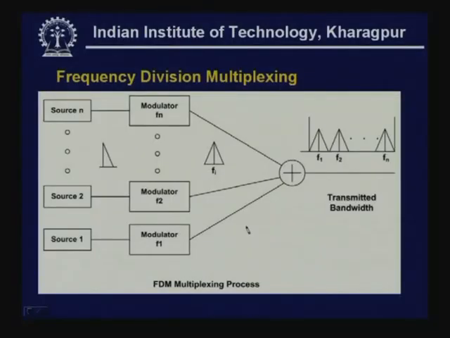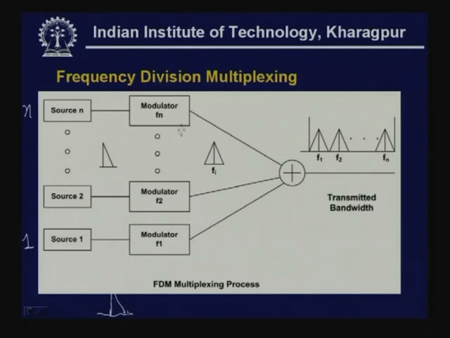So, the basic frequency division multiplexing operation is explained in this diagram. Here you have source 1, source 2 and so on up to source n. Now, the frequency band of each of the signals is shown here, so it is like this in the frequency domain.